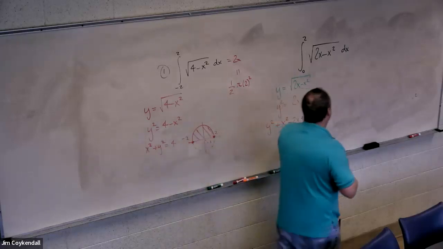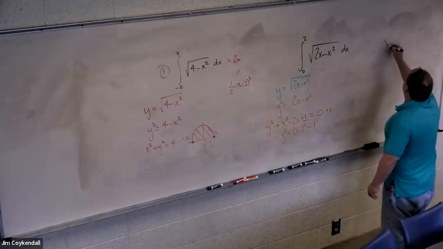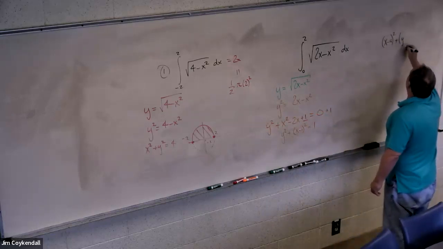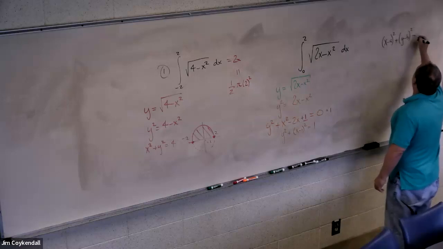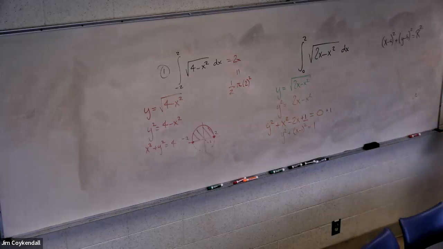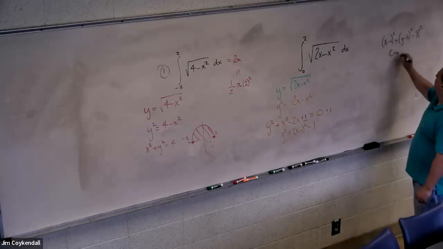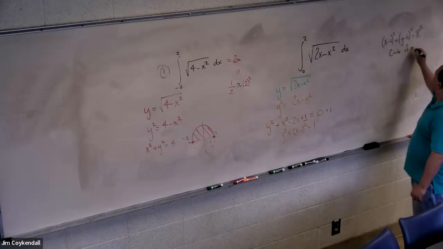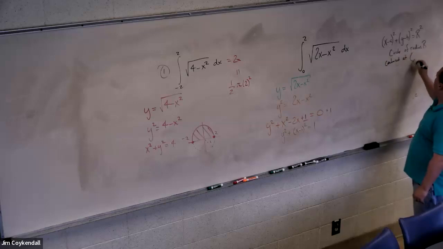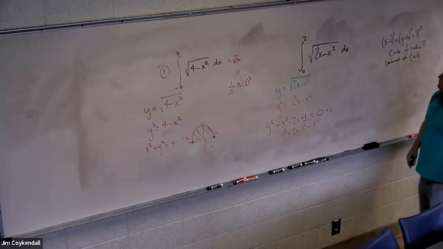Now, here's a reminder. This is the general equation of a circle of radius r, centered at point a, b.